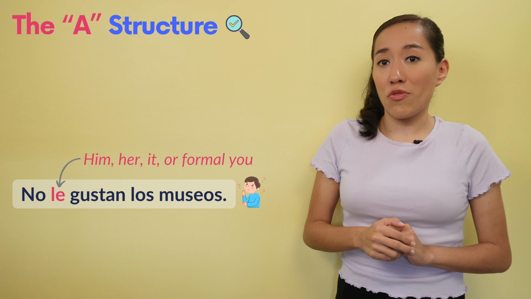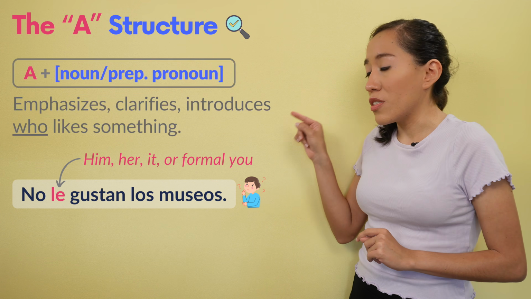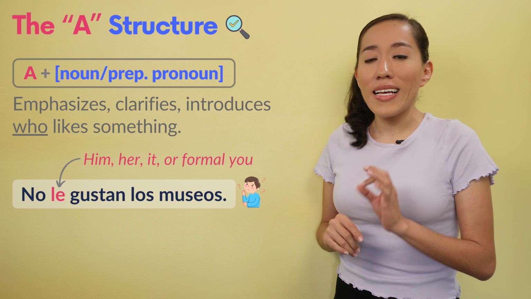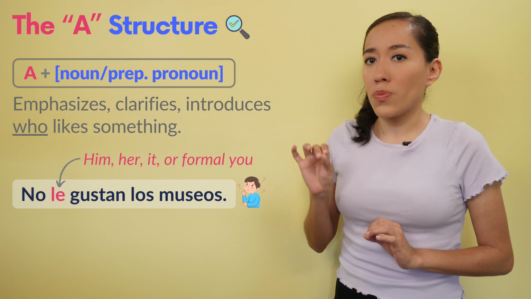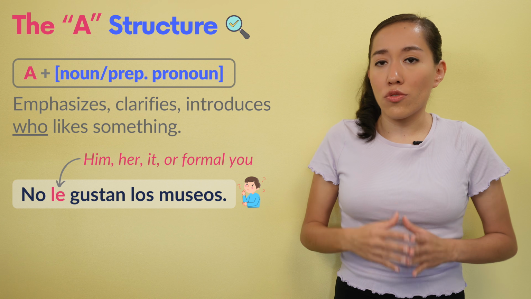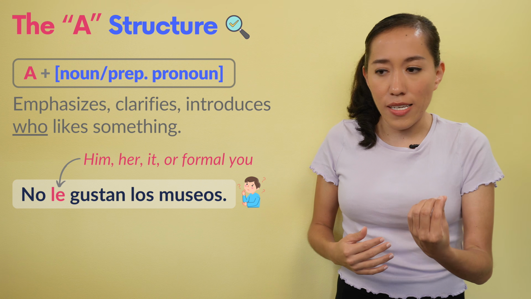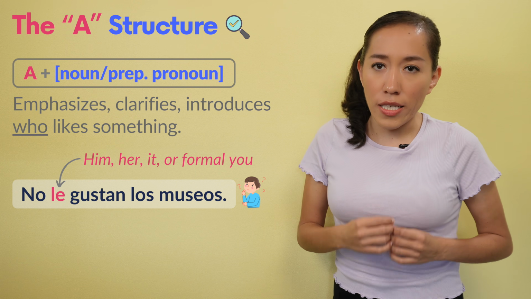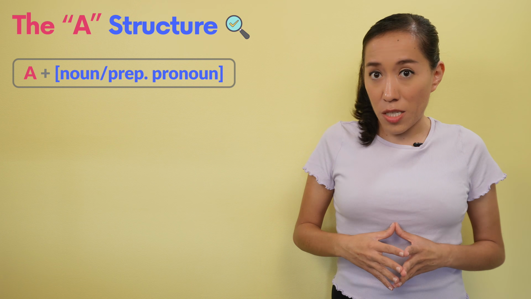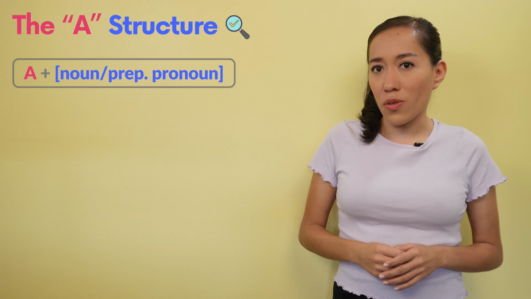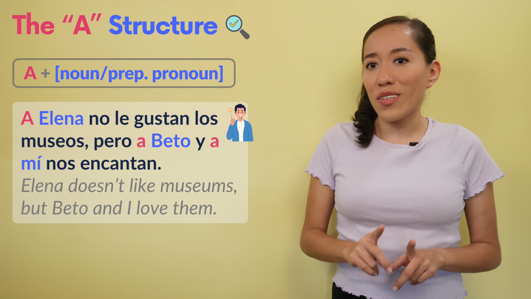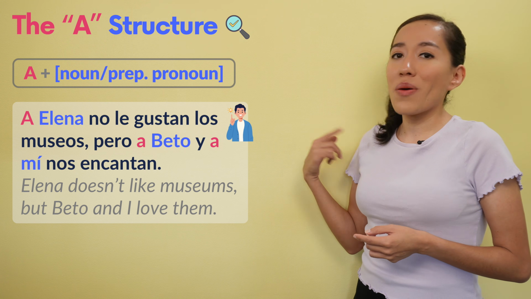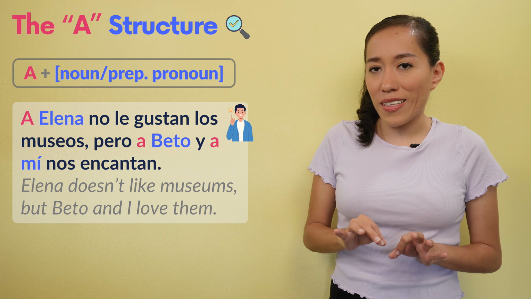To avoid this confusion, I'm going to use this structure a plus a noun or a prepositional pronoun. Esta estructura te ayuda a enfatizar, clarificar o introducir who likes something. Check how clear things become when I use this structure. A Elena no le gustan los museos, pero a Beto y a mí nos encantan.